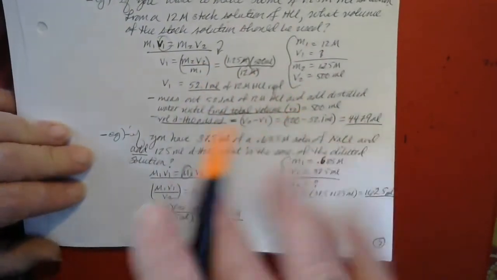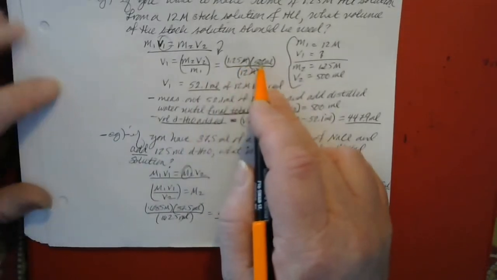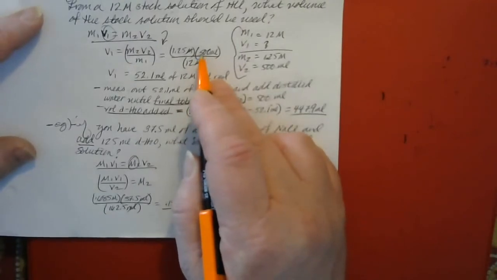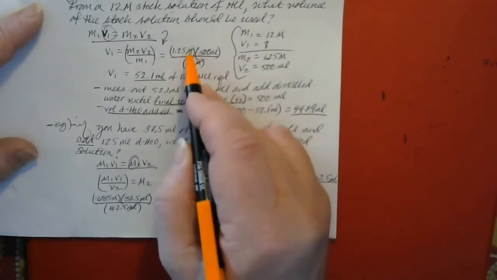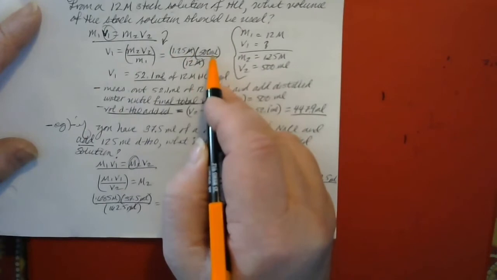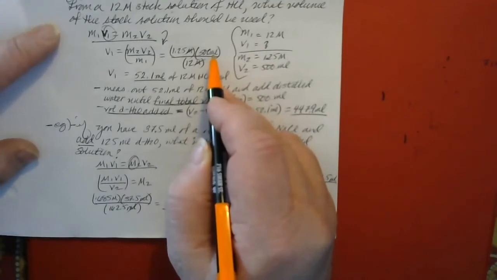And then just plug the numbers in. M2 is 1.25 molar, V2 is 500 milliliters, and M1 is 12 molar. Note that when we work all this out, the molarities cancel out and you end up with units of milliliters. So it actually is okay to use volumes in units other than liters.